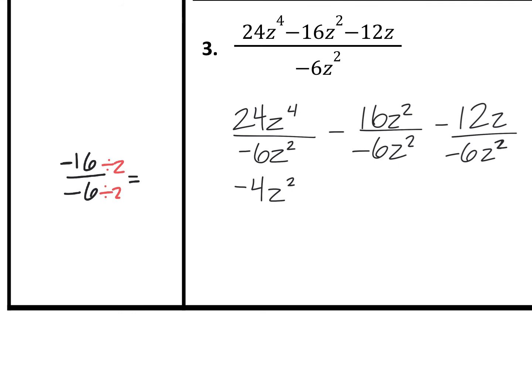Which means that my final answer is going to be 16 divided by 2 is 8. And 6 divided by 2 is 3. And our answer here, when we simplify it, should be positive. So back on my expression, I put plus 8/3.